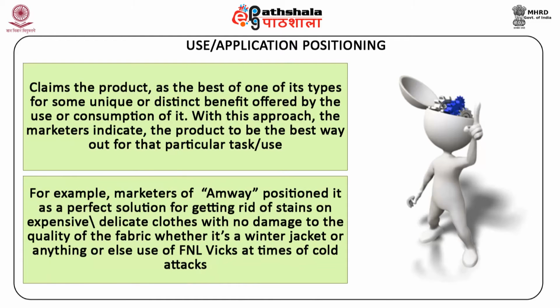For example, marketers of Amway position it as a perfect solution for getting rid of stains on expensive, delicate clothes with no damage to the quality of the fabric, whether it's a winter jacket or anything, or else the use of Vicks at times of cold attacks.